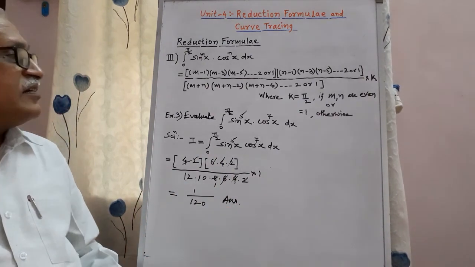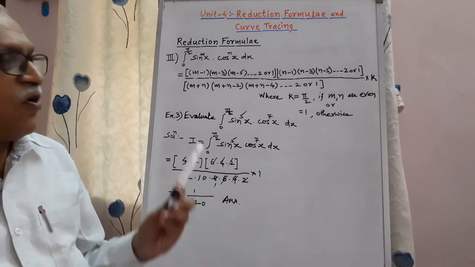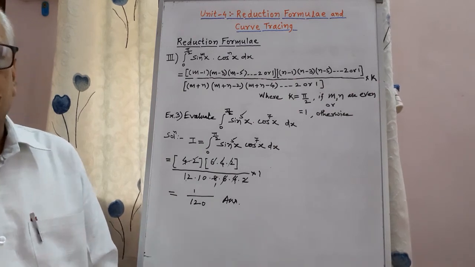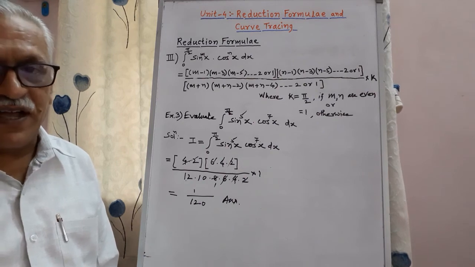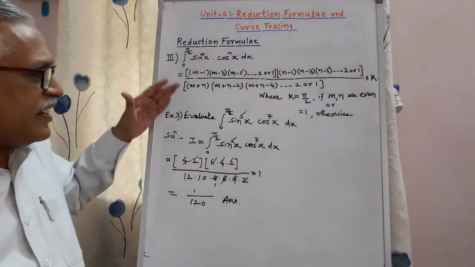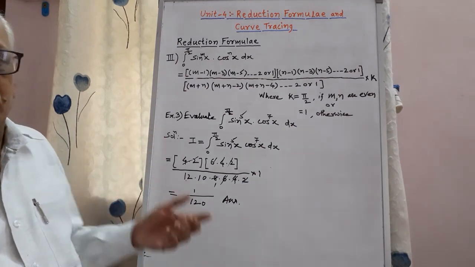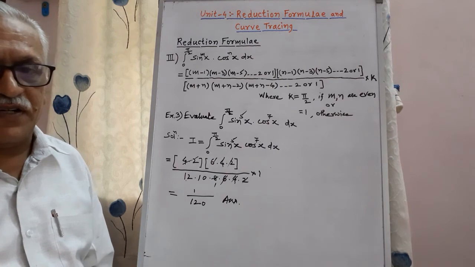Therefore this is how we can use the third reduction formula. All these are very important when we go for the last chapter, that is multiple integral and its application. At that time this becomes the last step to obtain the final answer in the multiple integral.